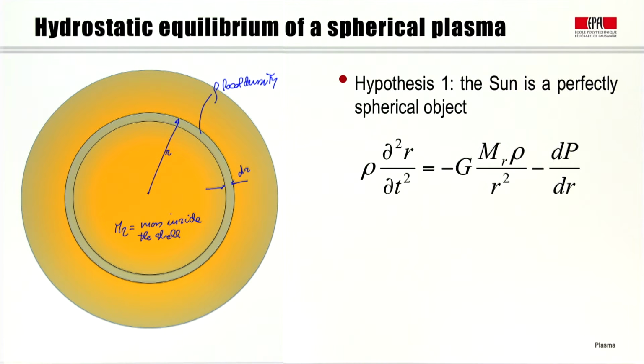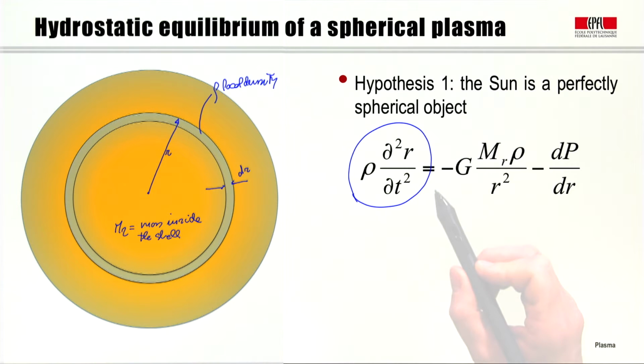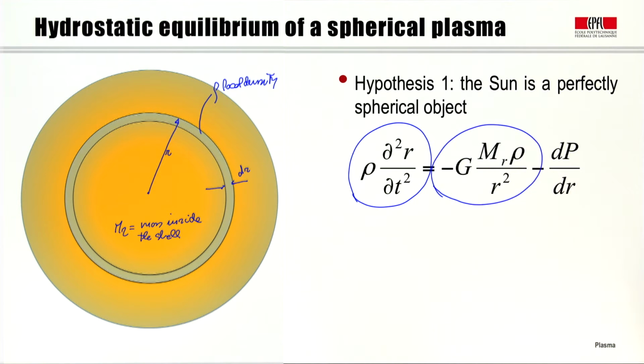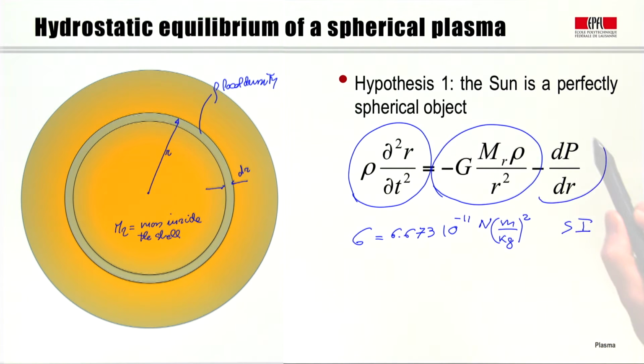We can write down the force balance in the following way, where the first term describes the acceleration forces, the second term describes the gravitational forces, and G is the gravitational constant in SI units, and the third term describes the pressure forces. P is the pressure inside the Sun.